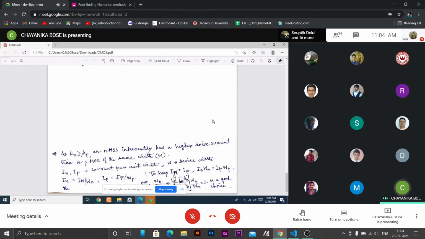So to keep these two currents identical, these two products must be equal, and since IN is larger than IP, WN will be smaller than WP.